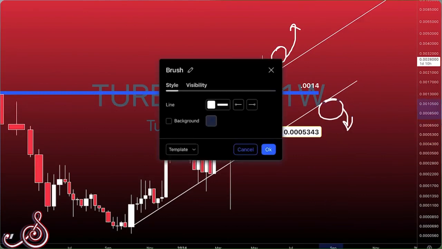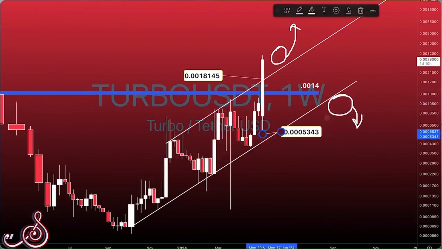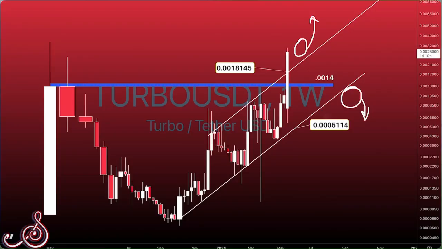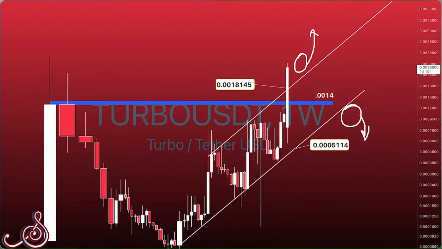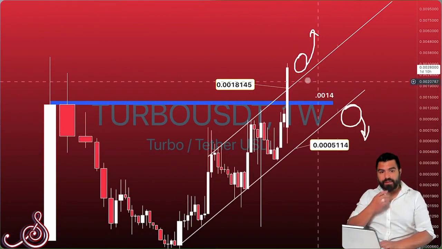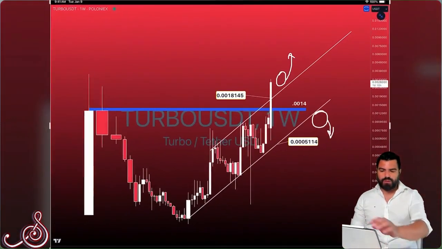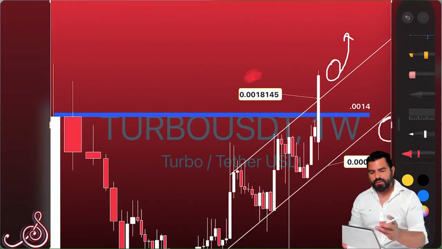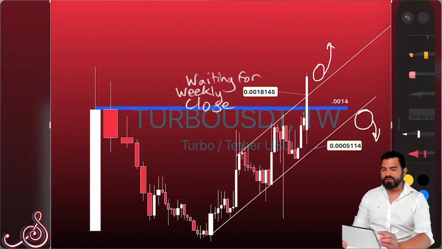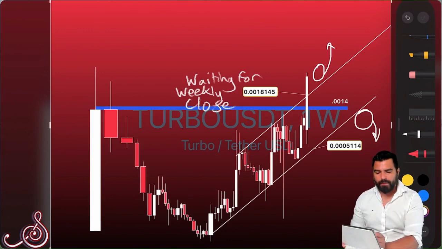We need the close above this price, 0.0018. Waiting for a close. Get your weekly close above.